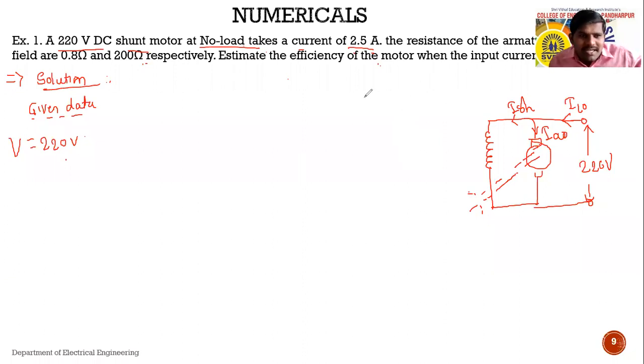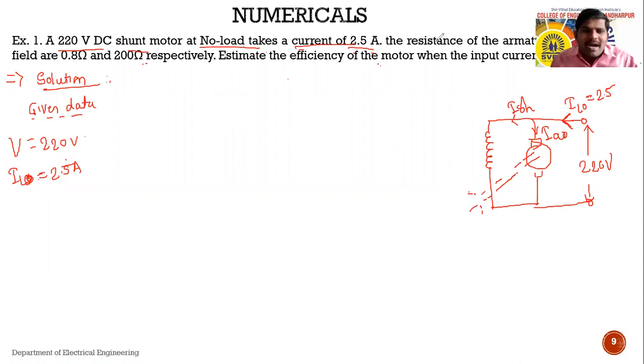So see, it will take a current of 2.5 ampere. So it is the supply current, that is IL0, equal to 2.5 ampere. Okay, so we will write here the no load current taken from the supply, IL0, is equal to 2.5 ampere.